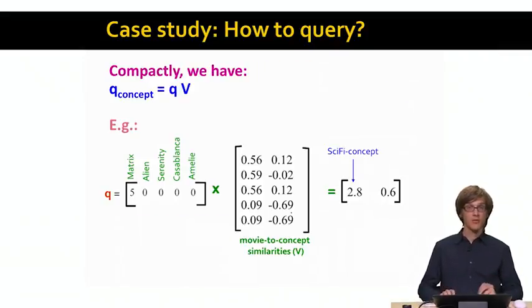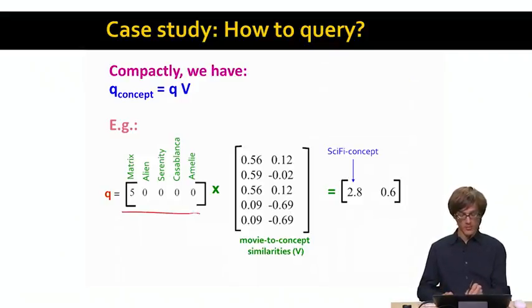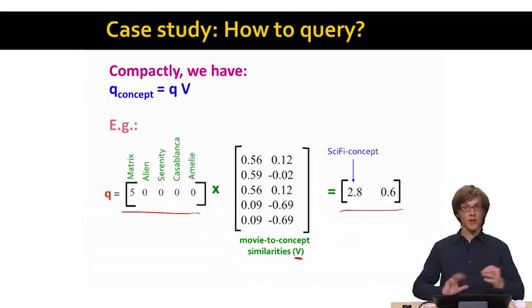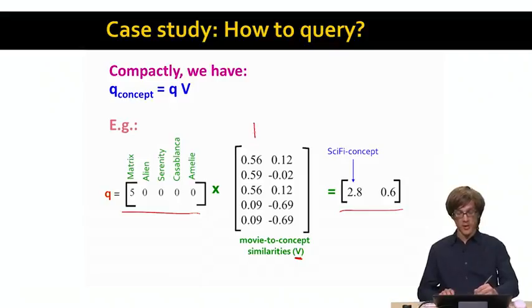So if we do our projection, we take our vector Q, multiply it with matrix V, and here is what we obtain. We are now in this two-dimensional concept space, where the first column of V is sci-fi, and the second column of V is romance.